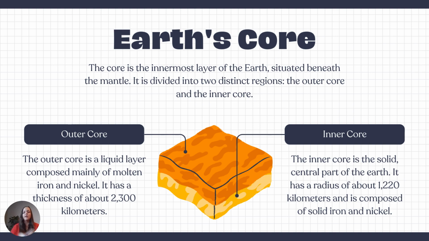And so the inner core becomes solid, and the iron and nickel that comprises that inner core cannot move. And so the interaction between the inner core and the outer core, being solid versus liquid, creates the magnetic field around Earth, which protects us from things like solar winds and solar flares and things like that.